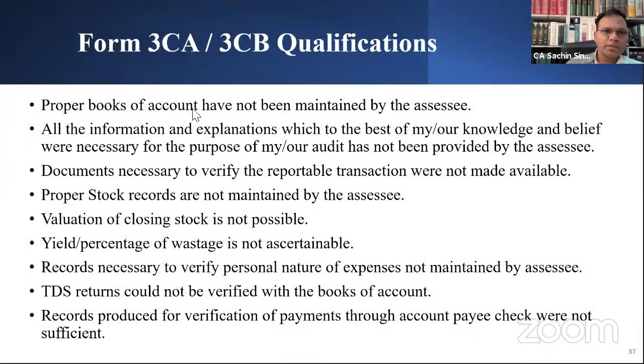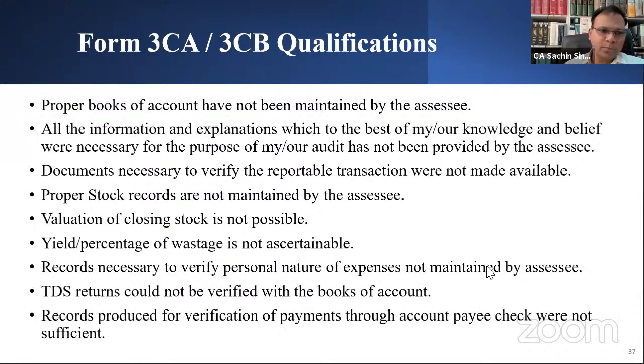So I have listed some transactions or information which we can say are qualifications or observations, like valuation of stock is not possible, proper stock records are not maintained, records necessary to verify personal nature expenses not maintained.